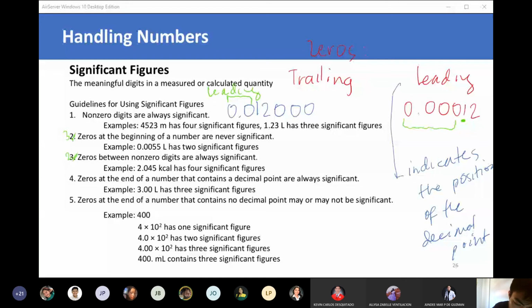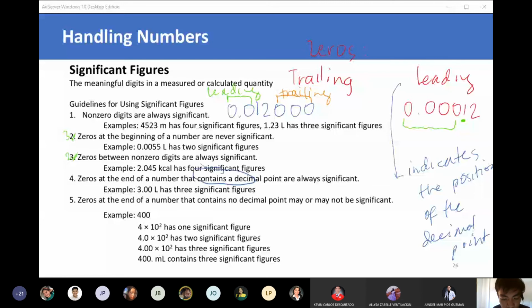On the other hand, this part, in orange, we call the trailing zeros. Are they significant? Yes, they are significant, but there is a catch, if there is a decimal point.